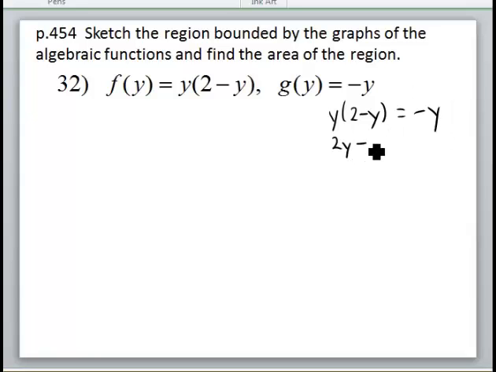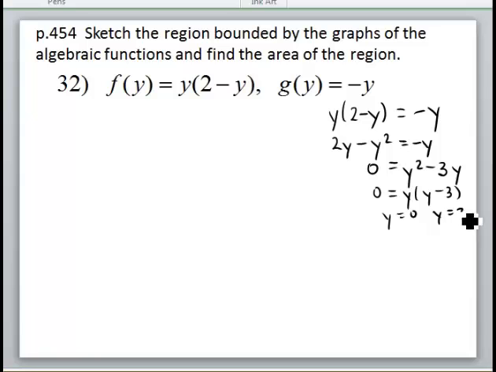So if 2y minus y squared equals negative y, I end up getting y squared, move the 2y over, so it's a negative 3y. Again, this factors, and I get y is 0 and y is 3. So my integral will go from 0 to 3, but it's going to be a dy.